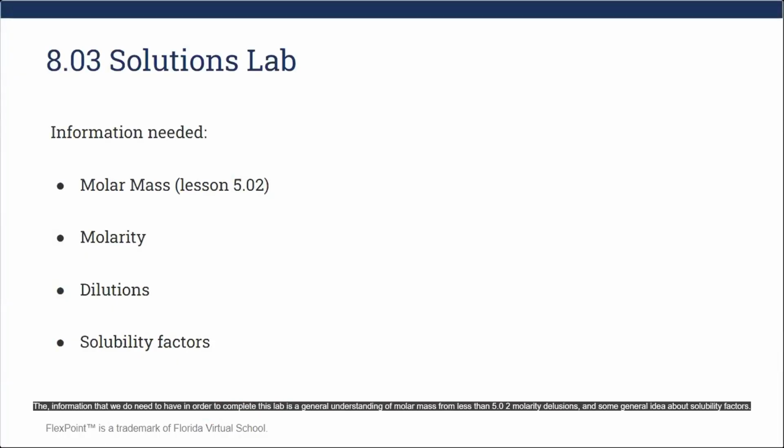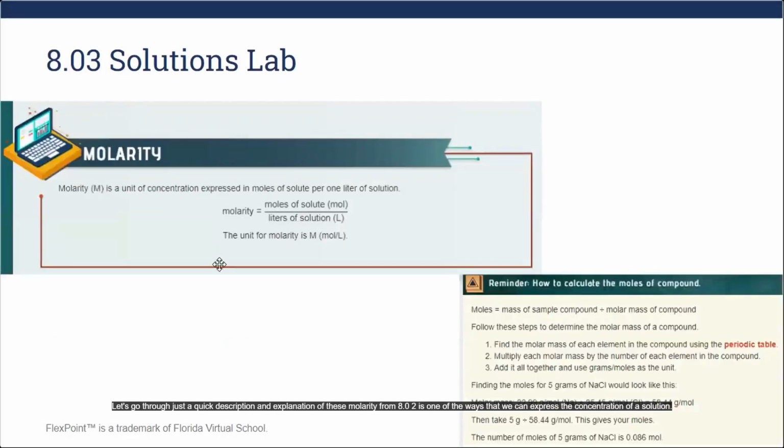The information that we do need to have in order to complete this lab is a general understanding of molar mass from lesson 5.02, molarity, dilutions, and some general idea about solubility factors. Let's go through just a quick description and explanation of these.